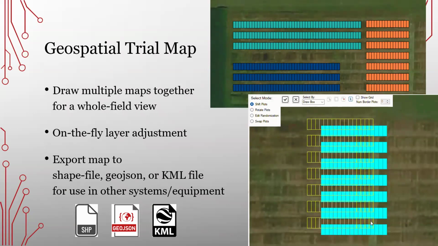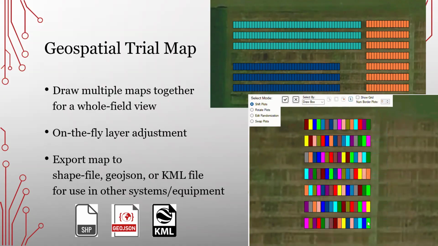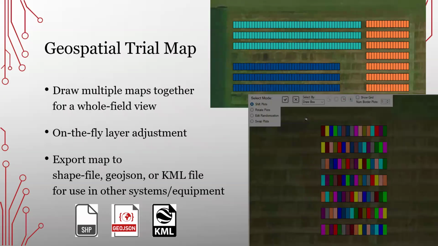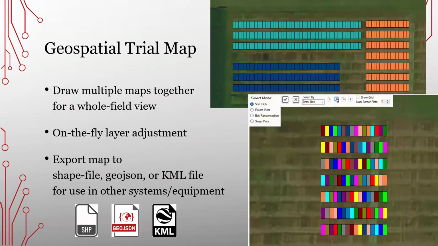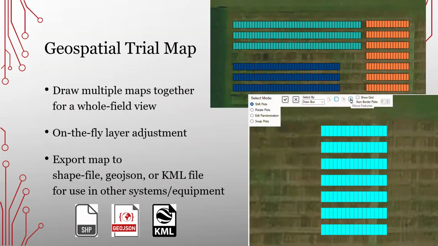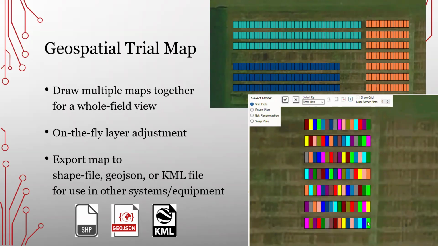You can bring together multiple maps on the same view to have a nice field view. You can make adjustments to the location of the map if you need to get the coordinates even more correct. And I think one of the biggest things is the map can be exported to other systems.